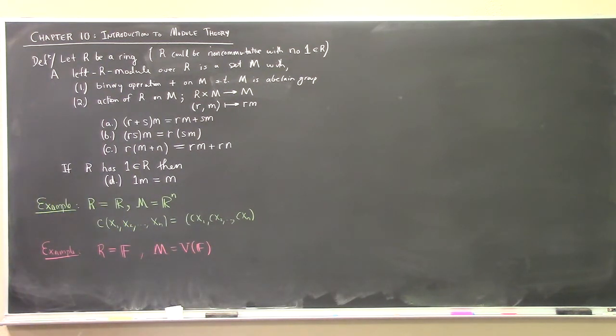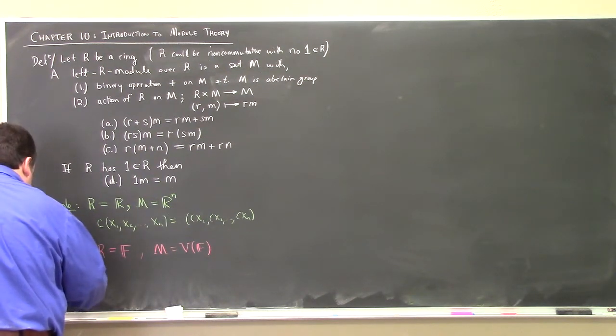A vector space over the field F is going to be an F module. So, as Dummit and Foot say on page 337, modules over a field F and vector spaces over a field F are the same. It's a good way to say it.